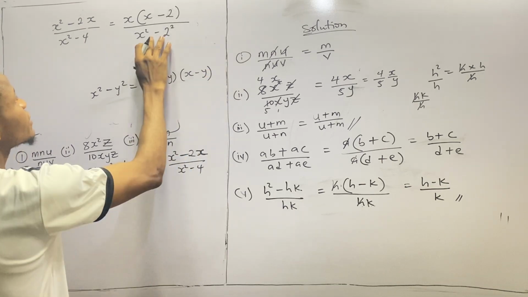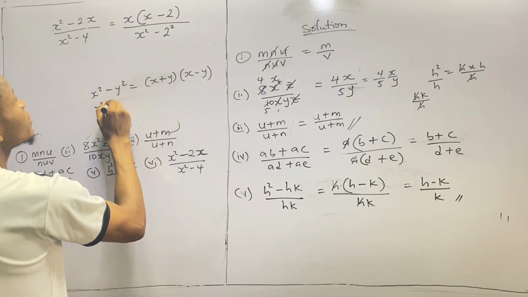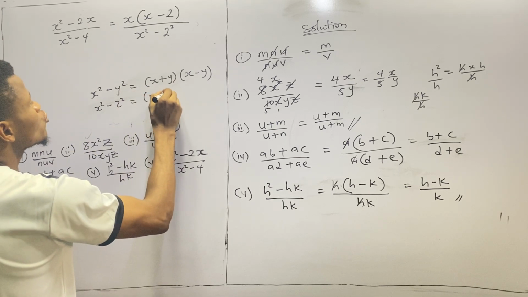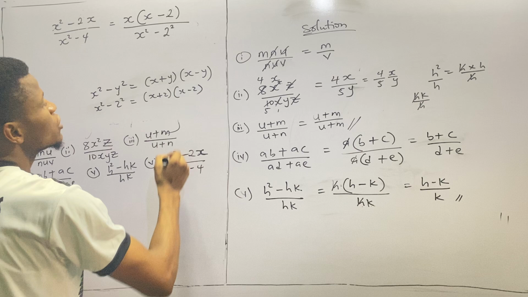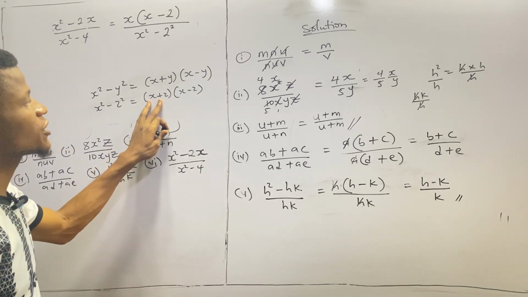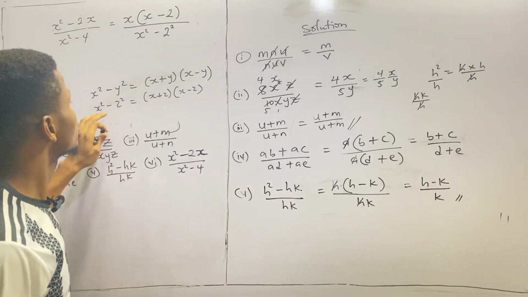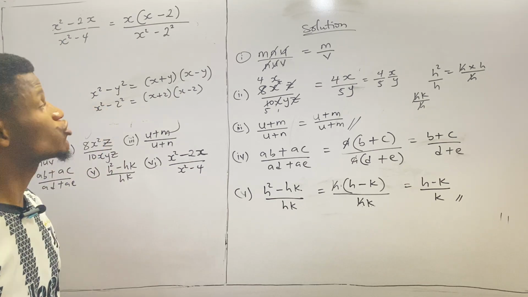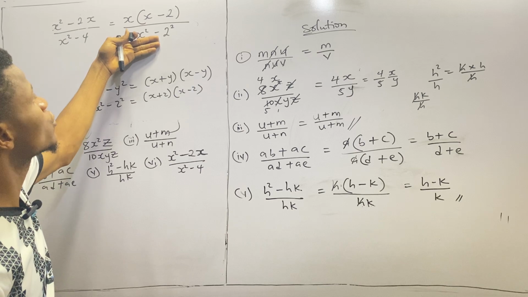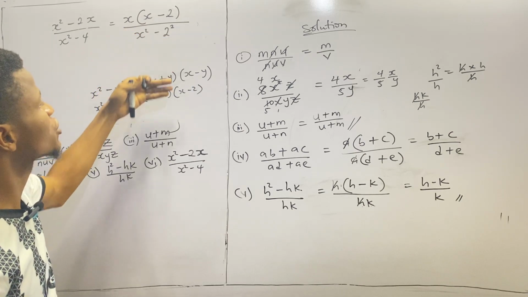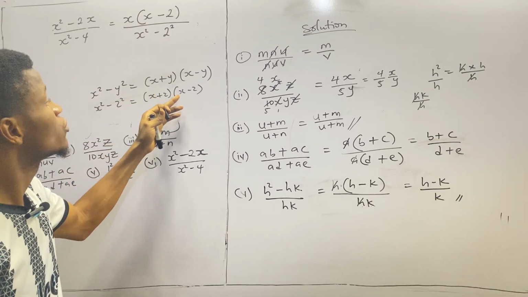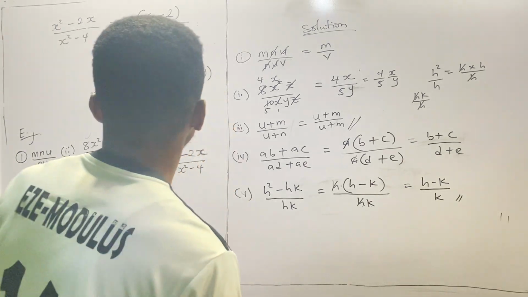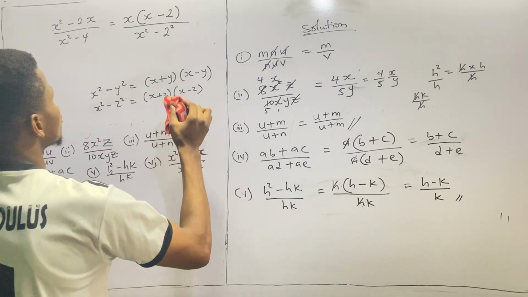So if we apply this here, x squared minus 2 squared will now be x plus 2 into x minus 2. So we can replace x squared minus 2 squared with x plus 2 multiplied by x minus 2. All right? So now let's go there.